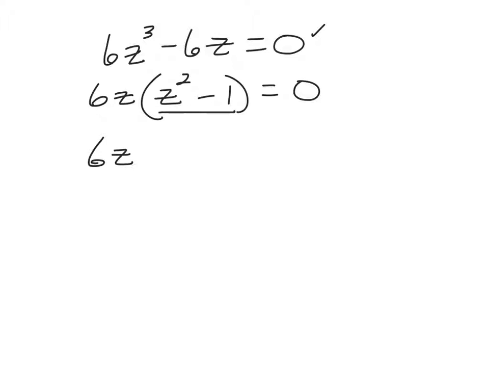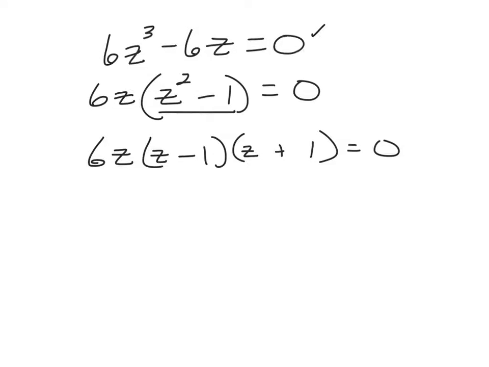Well, when I'm looking at z squared, I'm thinking I could call that z times z. And when I'm looking at 1, couldn't I call that 1 times 1? Yeah. And put a minus in one and a plus in the other? So it actually was the difference of squares. Okay, so we got it factored now.